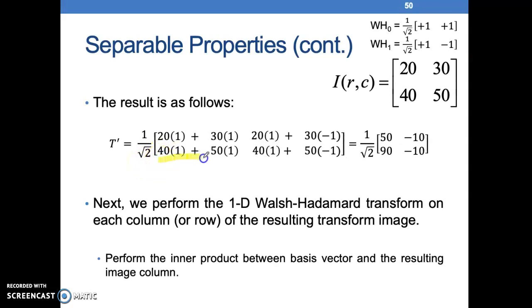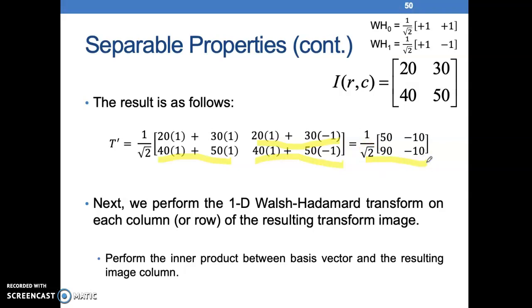Next, 20 multiplied by 1 plus 30 multiplied by 1, then 20 multiplied by 1 and 30 multiplied by -1. We apply the second vector on the same IRC. Next, 40 multiplied by 1 plus 50 multiplied by -1. Then you will get this.